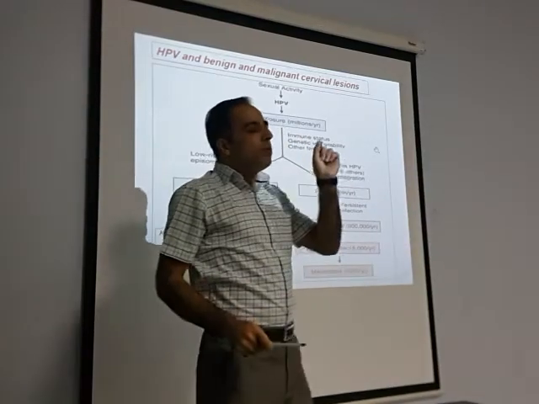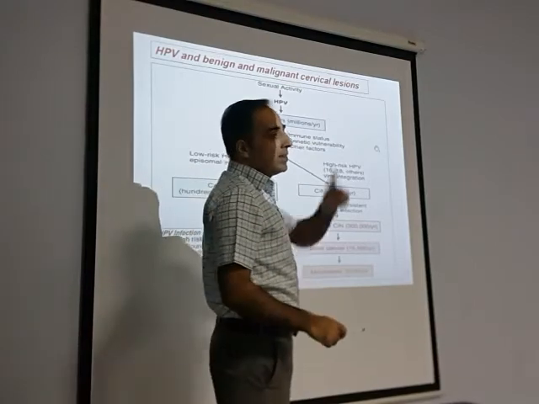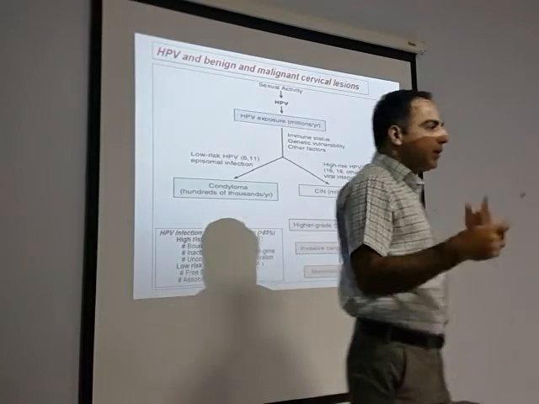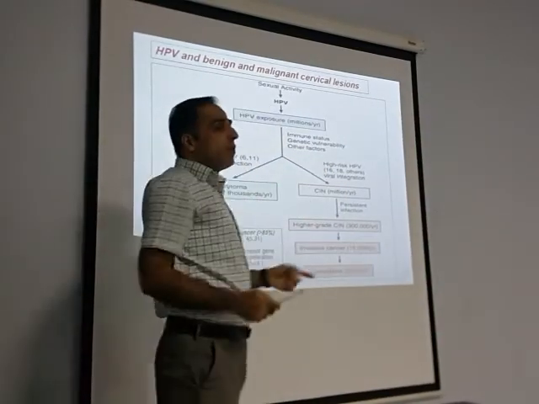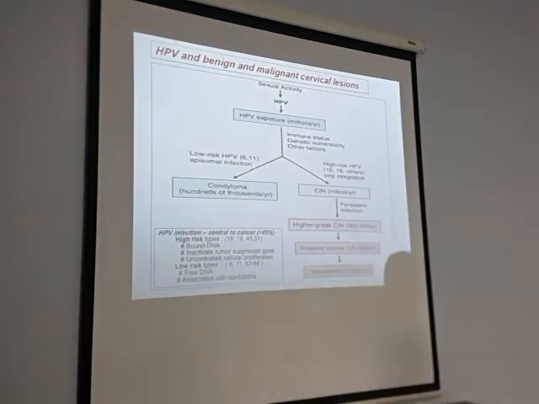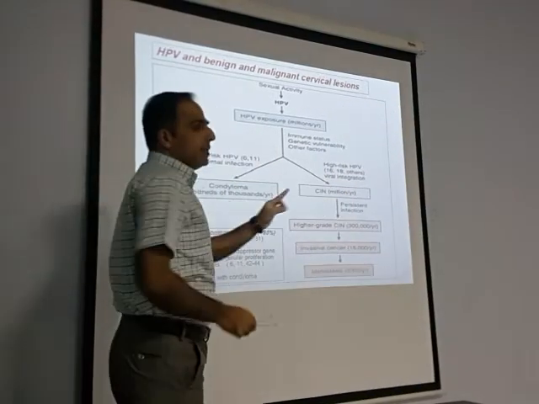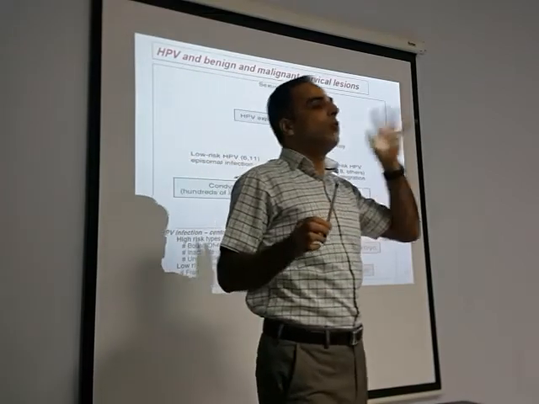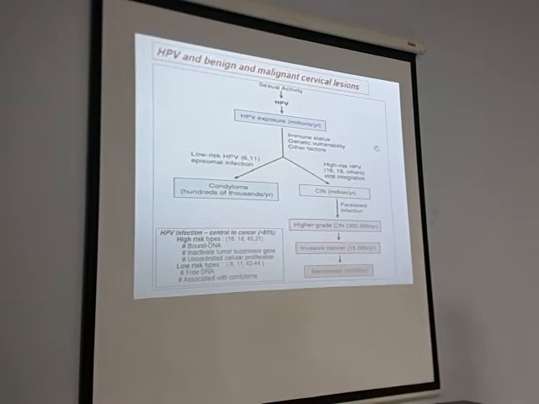Then, depending upon 3-4 things, what is the immune status, what is the genetics of the person, and other factors like nutritional and dietary factors, and what type of HPV it was, whether a low risk HPV or high risk HPV. If it was a low risk HPV, it will lead to benign lesions, like condylomas. These are swellings in the anal region, swellings in the genital region.